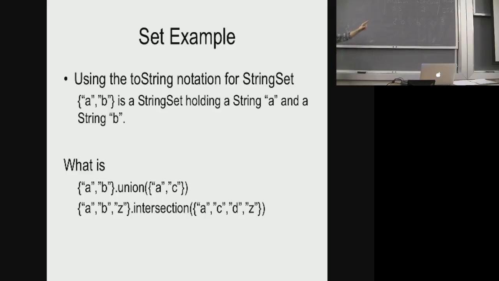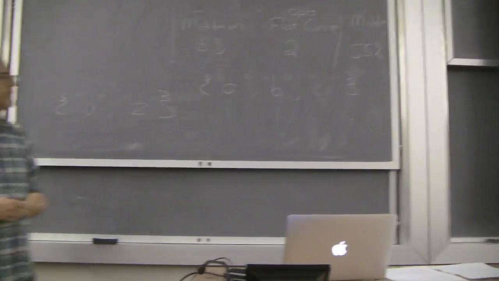And then you go B. Is there a B in the second one? There's not, so don't include it. Z. Is there a Z in the second one? Yes, there is, so we include it. So again, you can work it out on paper, and then you can translate that to an algorithm.